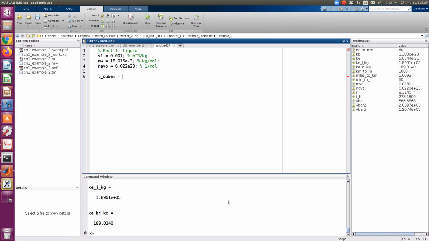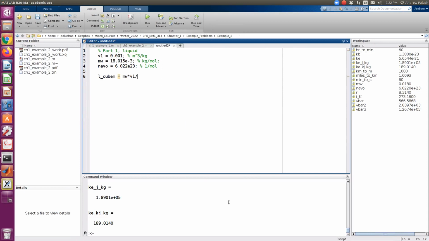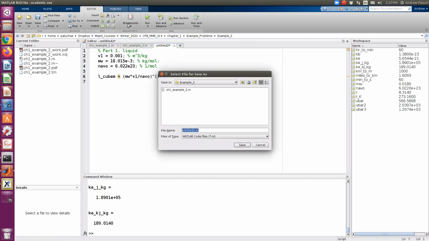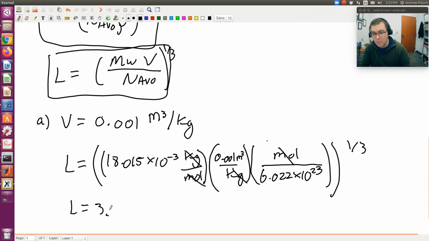So it's our molecular weight times our volume divided by AVO, and all that raised to the 1/3 power. If I run this, I'll call this example 3. I get a distance of 3.1043 times 10 to the negative 10 meters.